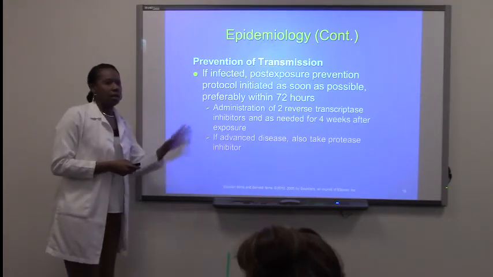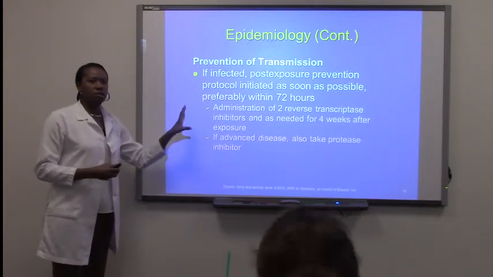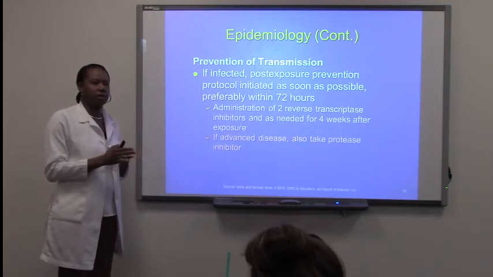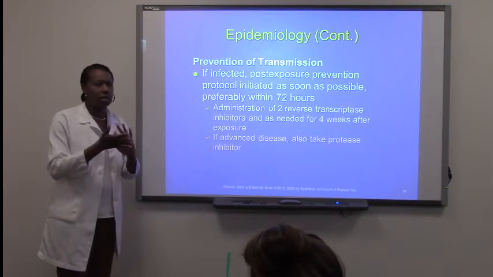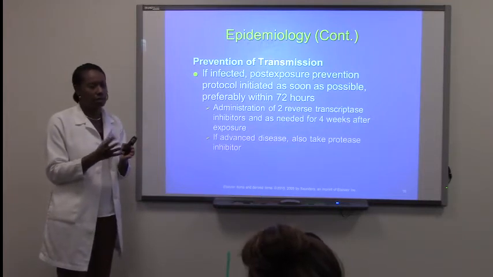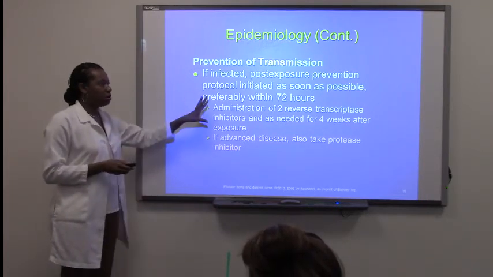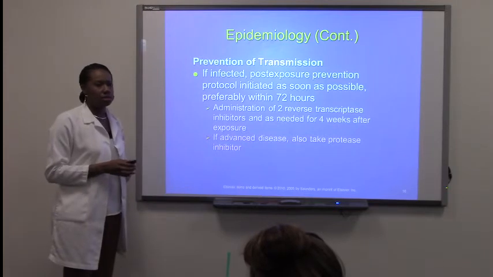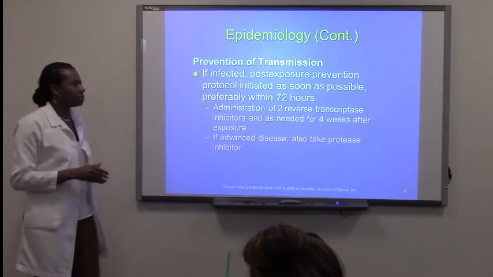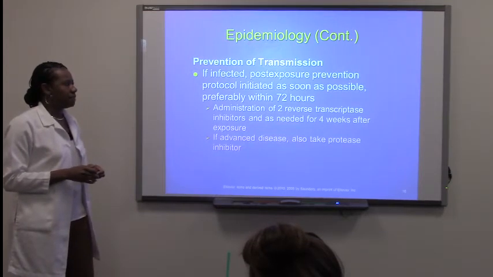Now, if for some reason you guys are working with a patient that is HIV infected and you get poked with a needle that is infected with that particular HIV infected blood, the protocol, from my understanding and just reading this, and I believe this is a protocol for hospitals, and I think they have another type of protocol that they use.